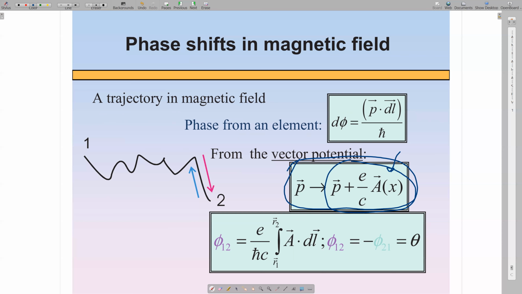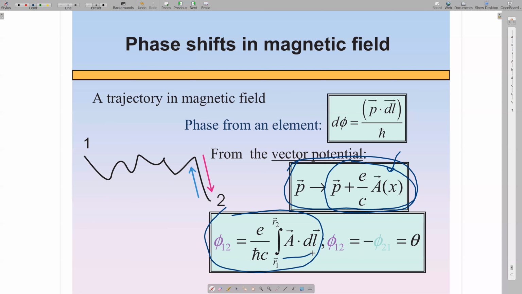Fine. So what does it result in? There is a phase shift which takes this vector potential of the magnetic field and integrates it over the trajectory. Yeah, as I have repeated many times already today, the magnetic field is not invariant with respect to time reversal.